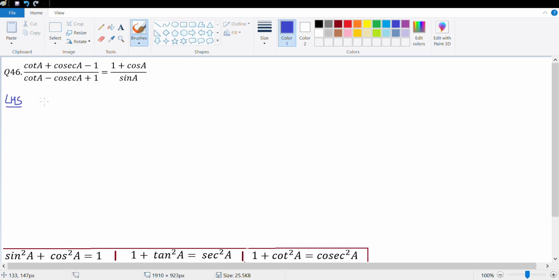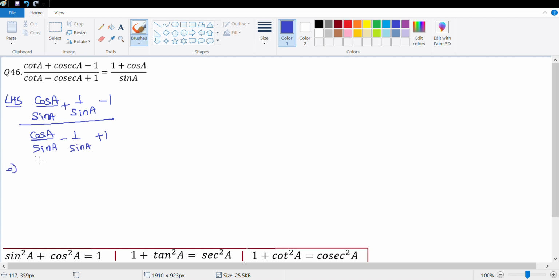So cot would become cos A upon sine A, plus cosec would become 1 upon sine A minus 1, and the denominator becomes cos A upon sine A minus 1 upon sine A plus 1. Let's take the LCM and add these three elements in the numerator.